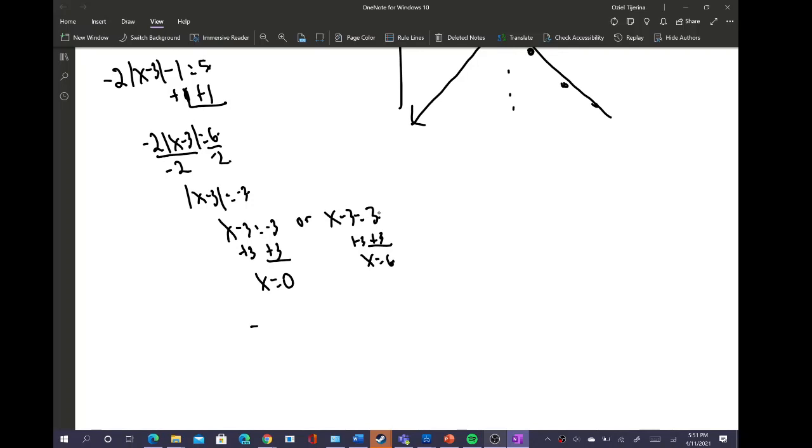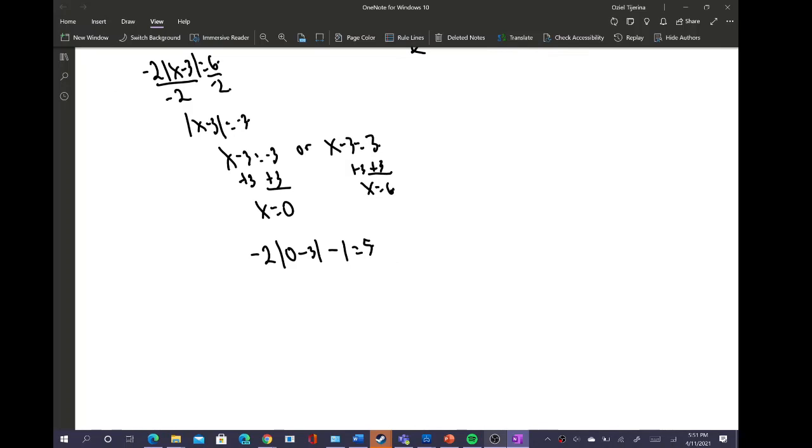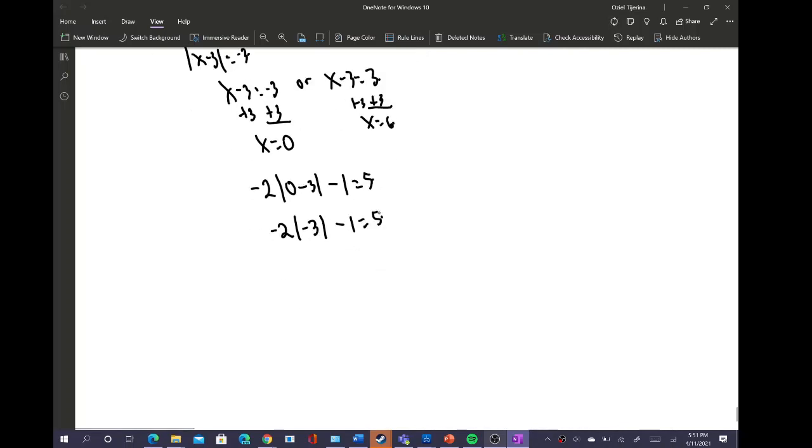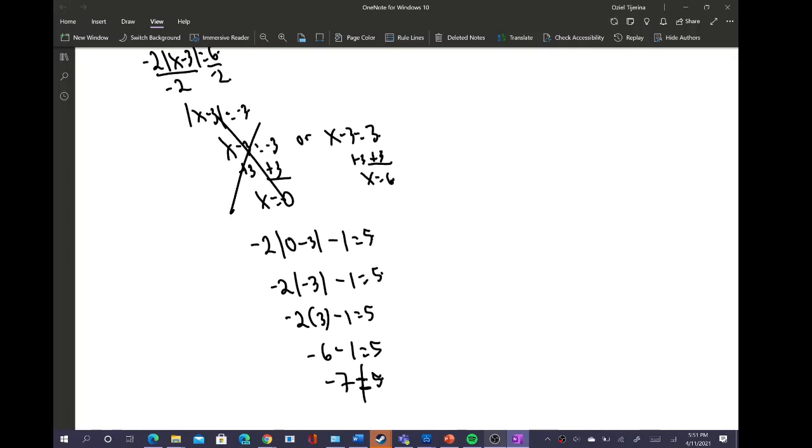And then you check it. Negative 2 times the absolute value of 0 minus 3, minus 1 equals 5? Negative 2 times 3 minus 1 is negative 6 minus 1, which is negative 7. Negative 7 does not equal 5, so this solution cannot work.